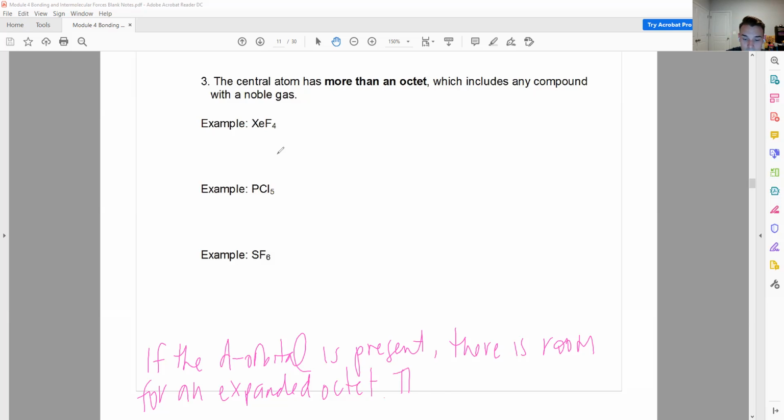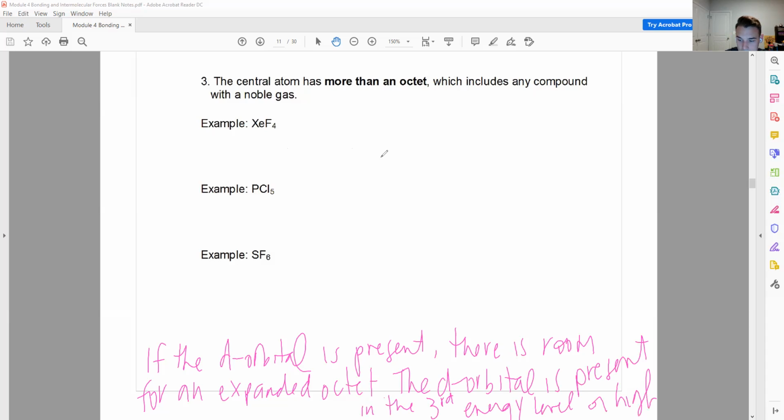The d orbital is present in the 3rd energy level or higher. So if you have an element in the 3rd energy level, it is possible for it to break the octet with more than 8 because the d orbital is just extra space to basically shove those extra electrons.